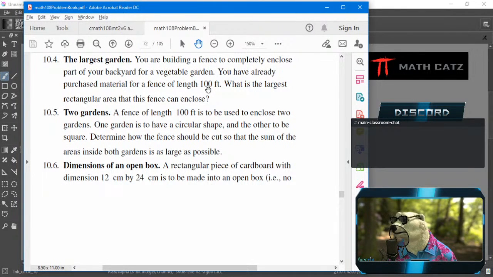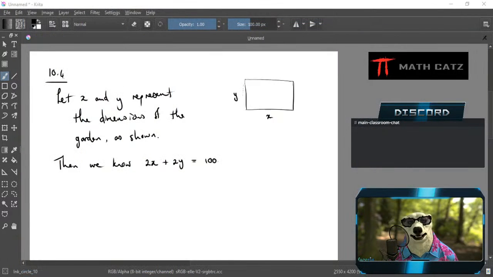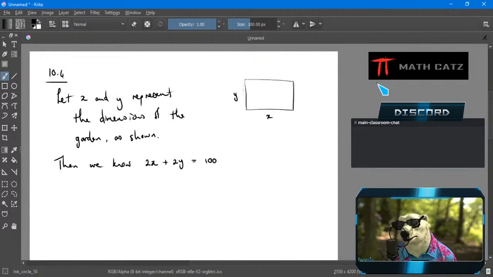Then they want to know, what is the largest rectangular area that I can get? So I am interested in area. So I need to define another variable for the area. Now we're going to use the obvious A, but because it's obvious to me doesn't mean it's obvious to everyone.